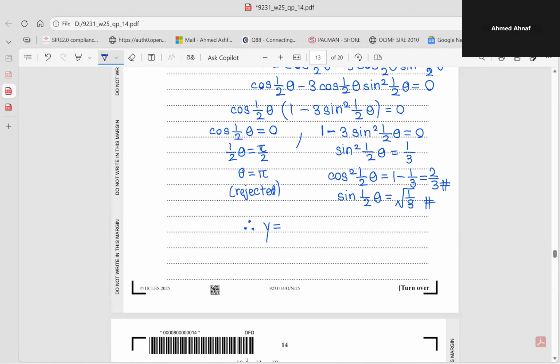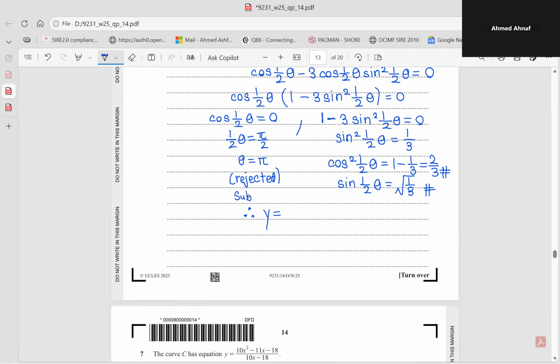Okay, so let's just say cos squared half theta equals 2/3 and sine half theta equals square root 1/3. Let me do this in the next line.